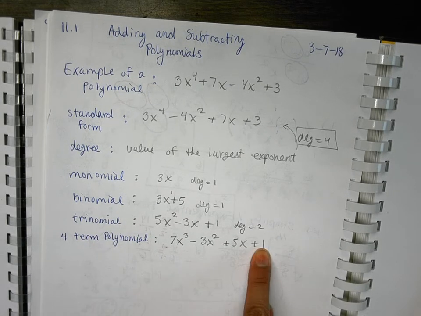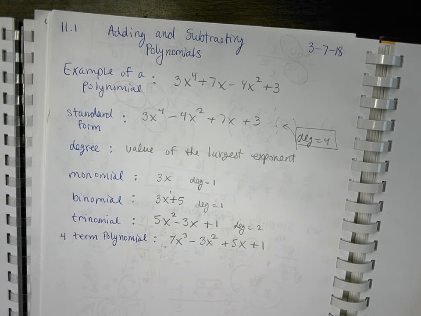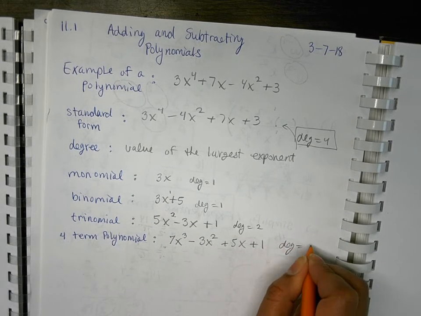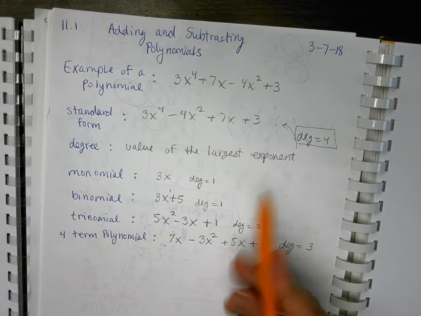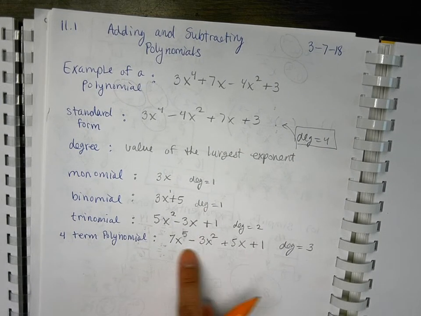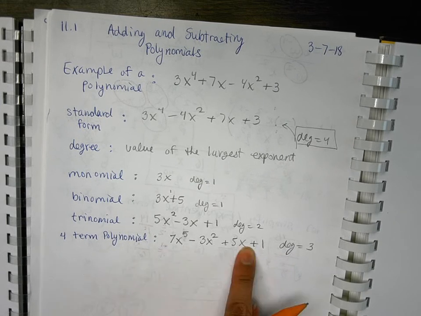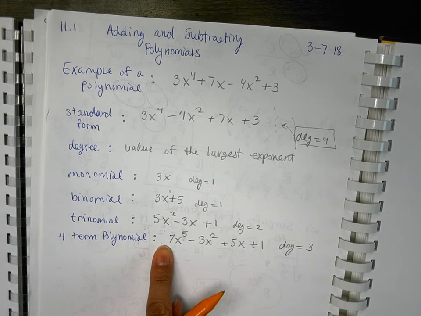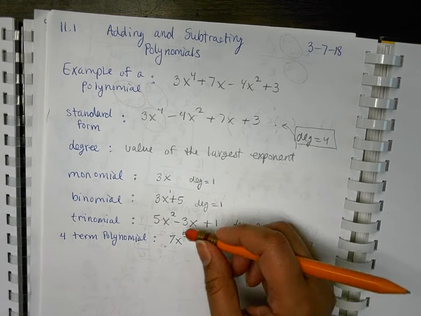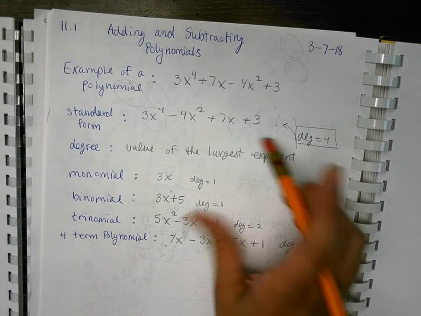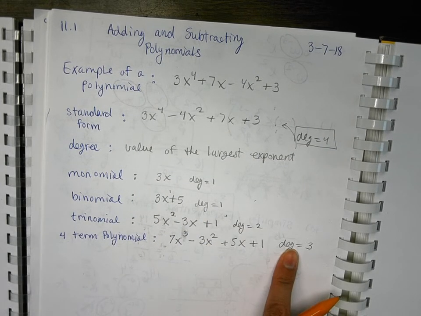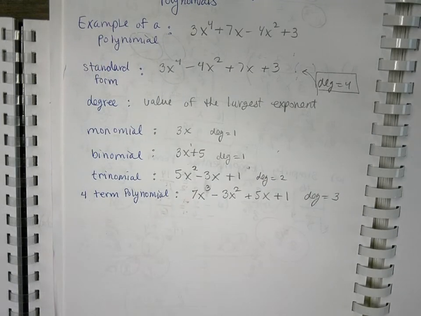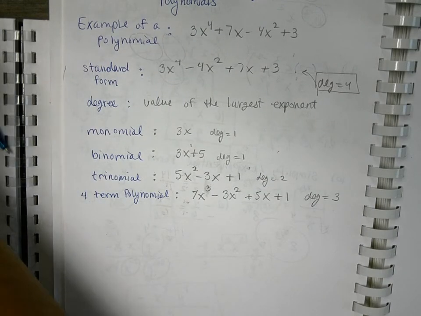There's no like terms, and it has 4 terms. All right. What is the degree? 3. Degree is 3. Now, I could have easily written this differently; don't change it on yours. Is it still a 4-term polynomial? But this degree would be what? 5. All right. So what's the degree again? The value of the largest exponent. All right. Questions?